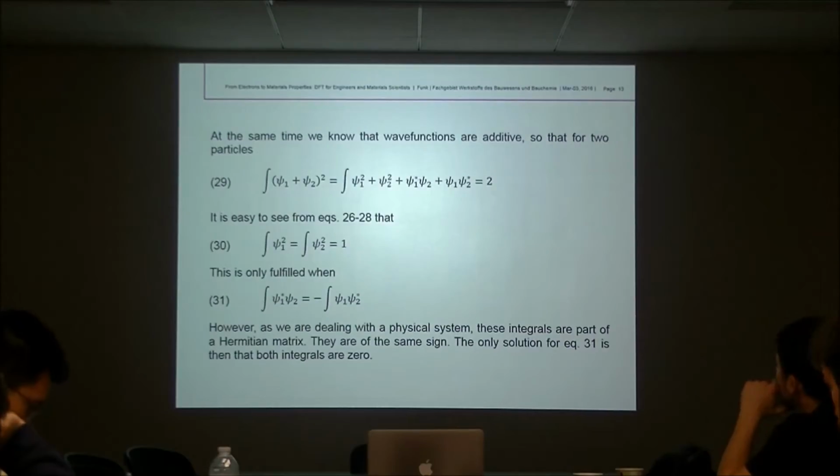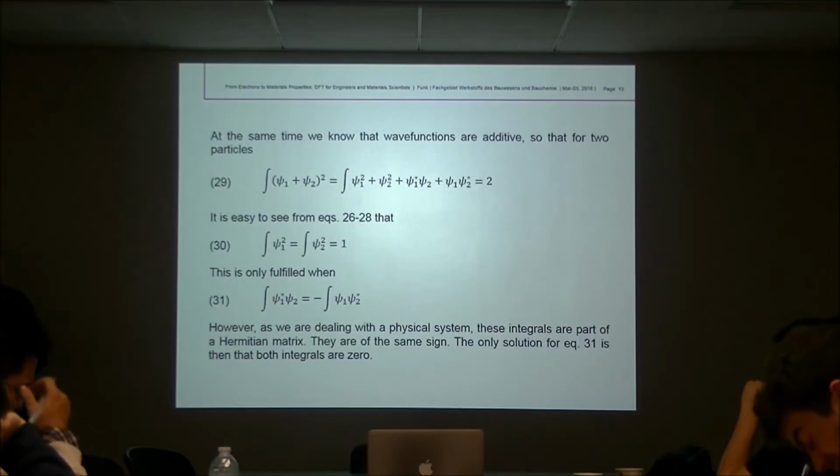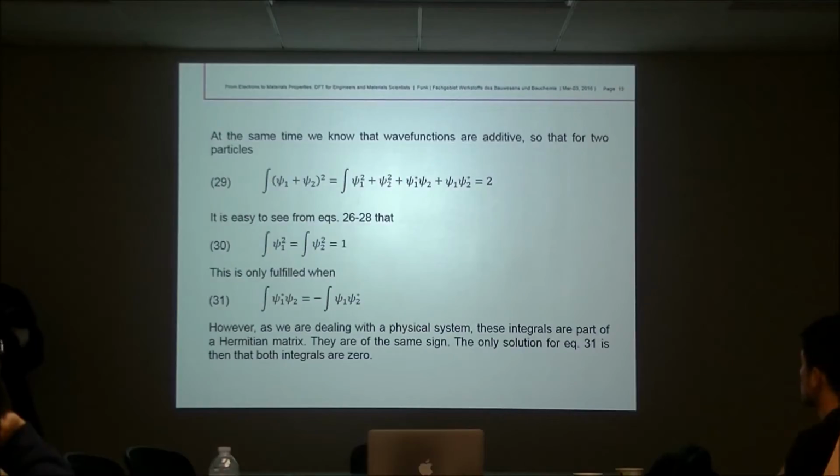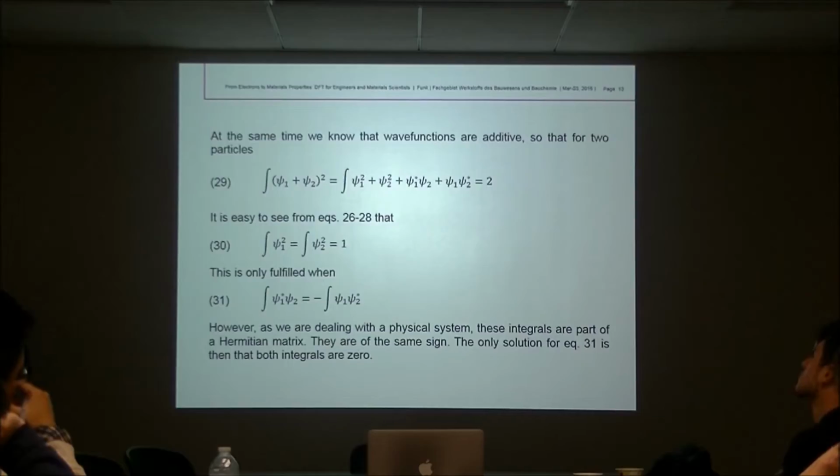Now we also know that these are observables related to density. Observables written in such a matrix of different wave functions must be in a Hermitian matrix, which means that we have a symmetry with respect to the diagonal. So these need to be 0.